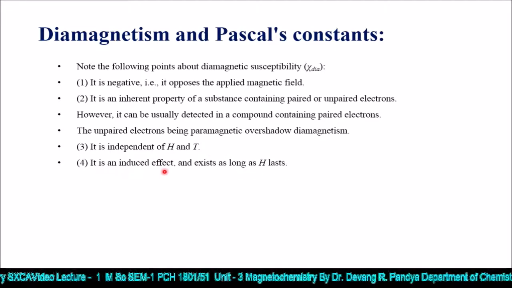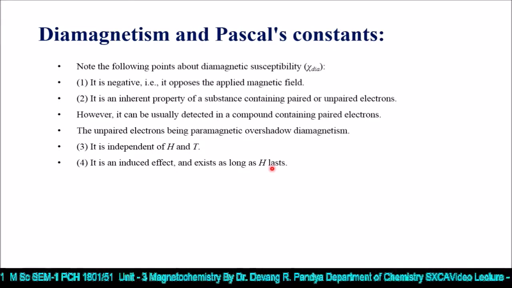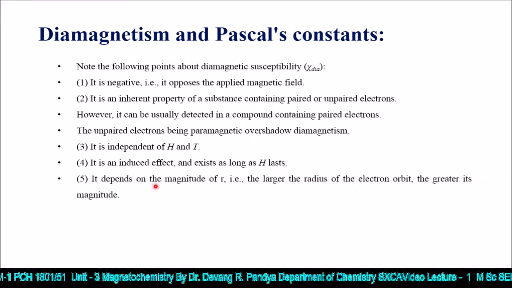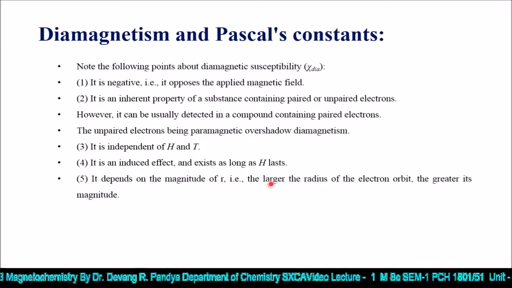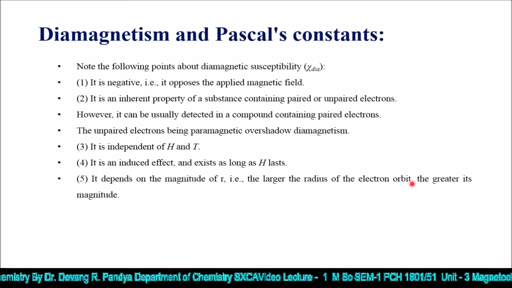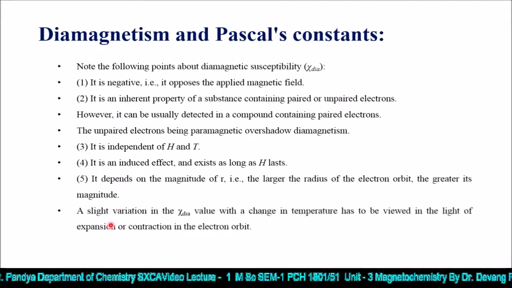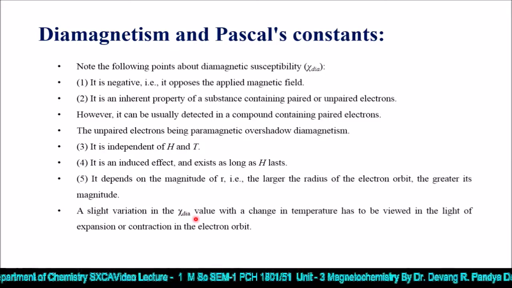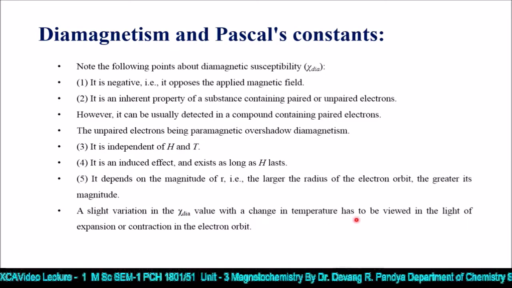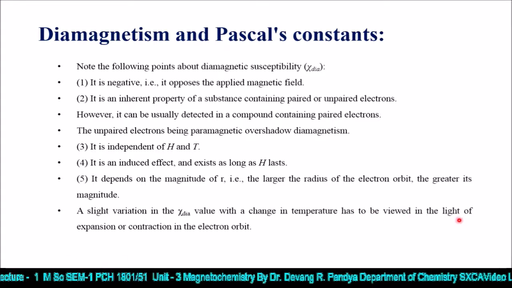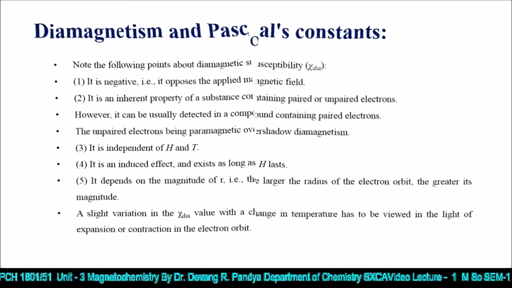It is an induced effect and exists as long as the applied field lasts. It depends on the magnitude of radius r. The larger the radius of the electron's spin orbit, the greater its magnitude will be. A slight variation in the diamagnetic moment value with a change in temperature has to be viewed in the light of expansion or contraction in the electron orbit.